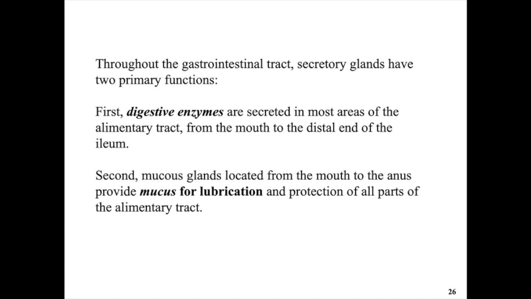But two, it will also have a certain pH, and digestive enzymes or other substances that are important for digestion or for absorption. So let's go over all these levels of the gastrointestinal tube and discuss how secretion is controlled.